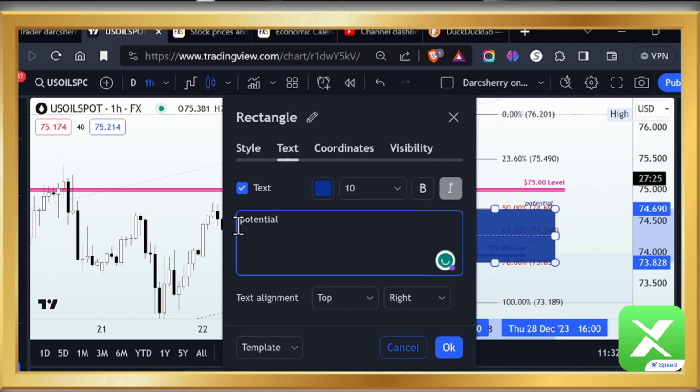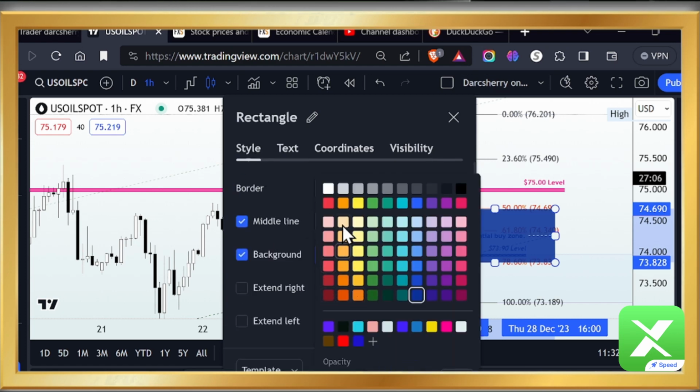So we will label this the potential buy zone. So we shall be looking forward to see how the market participants will be reacting to this zone today, to see if we are going to be buying from this particular area. So I always like to give my golden zone area a lighter yellow color.